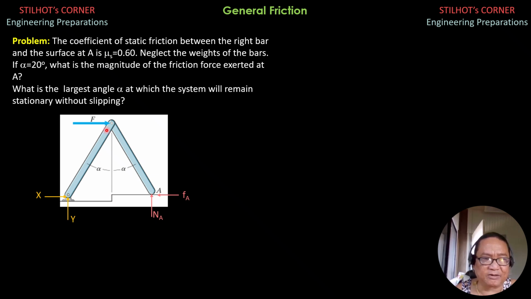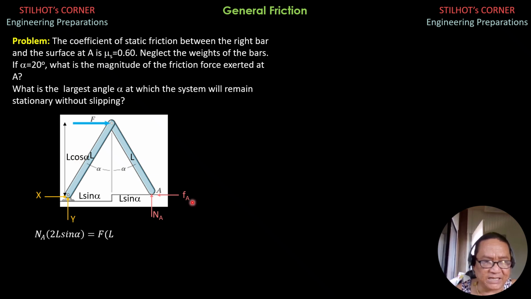If I call the length of each bar as L, then this vertical distance should be L cosine of alpha, and each horizontal projection of L would be L sine alpha. So for the free body diagram of the entire system, summation of moments about this left pin equals 0, counterclockwise positive, we have Na times quantity 2L sine alpha equals big F times L cosine alpha.